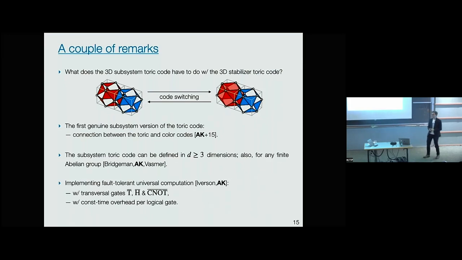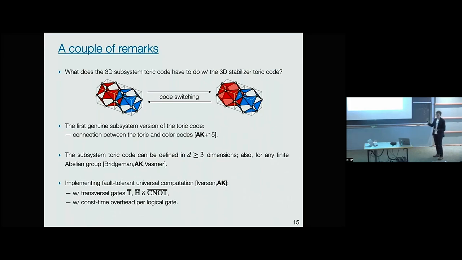One extra remark that I would like to highlight is we can do logical operations with this code. I don't have time to explain to you how it can be done, but based on the 3D subsystem toric code, we can realize fault-tolerant universal computation. And in particular, in this scheme, we can have transversal logical T gate, Hadamard, and CNOT.